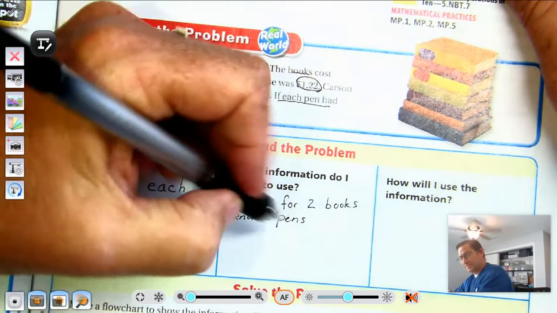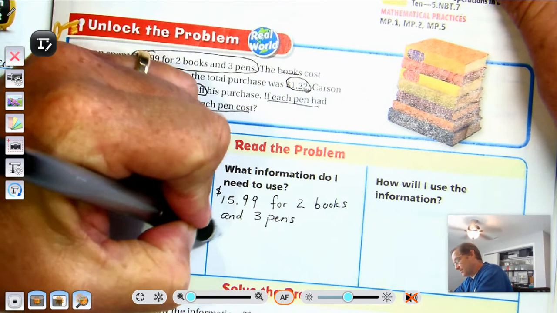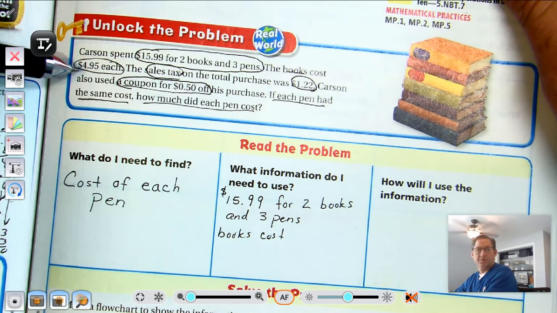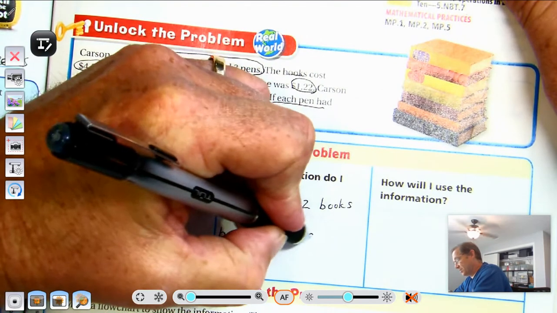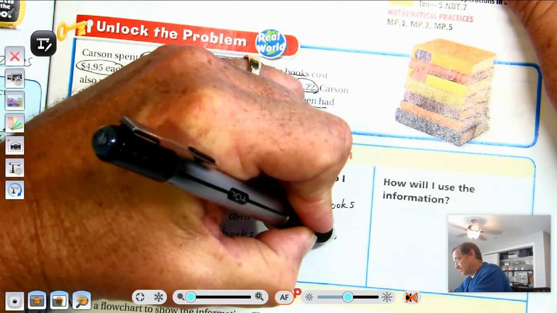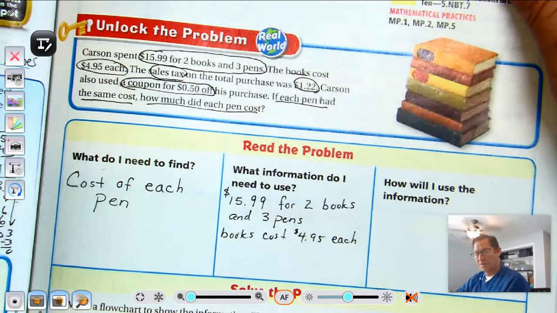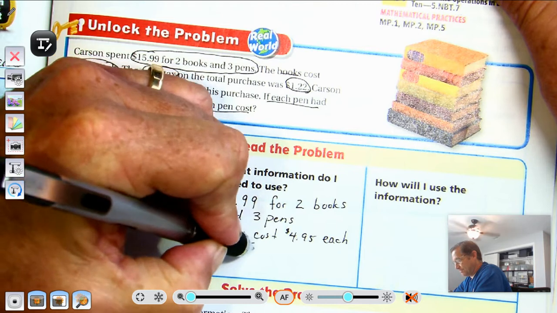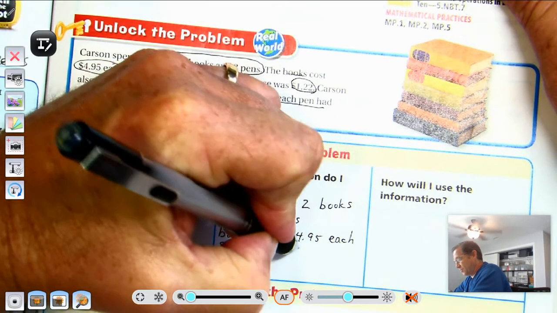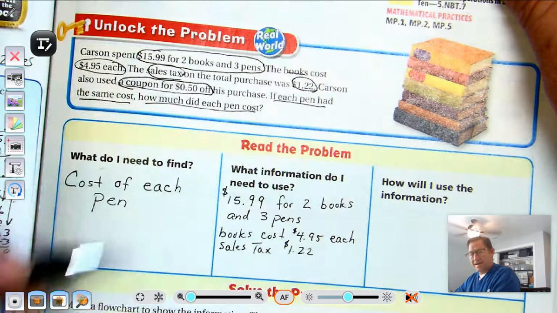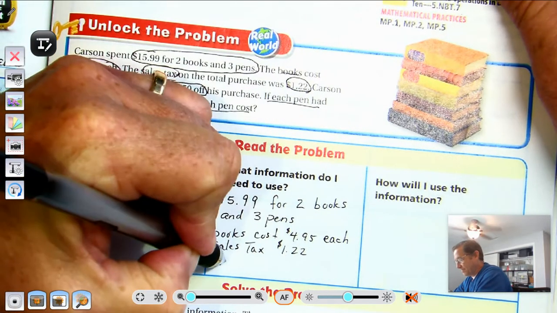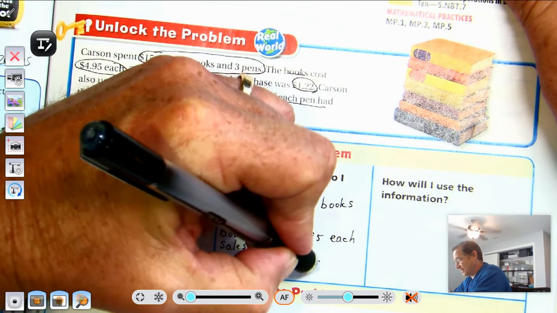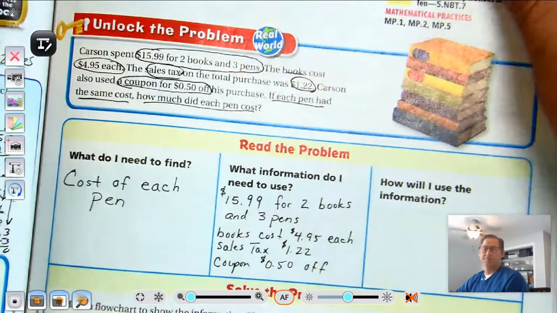I need to know that the books cost $4.95 each. I need to know the sales tax was $1.22. And I need to know that he used a coupon that was 50 cents off his purchase.